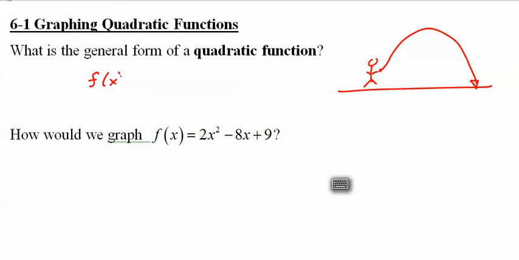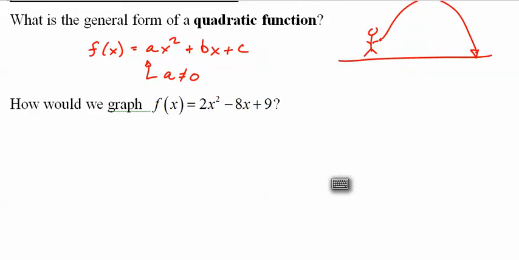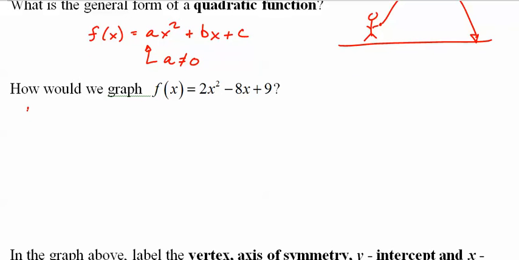And this is the general form: ax squared plus bx plus c, where a never equals 0. So to graph them, you find the axis of symmetry.